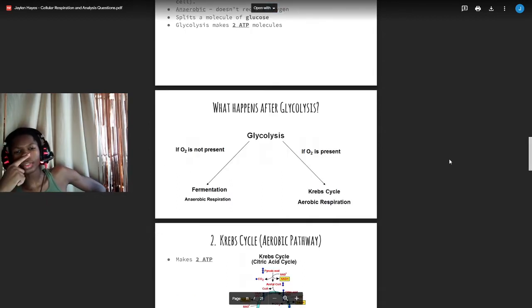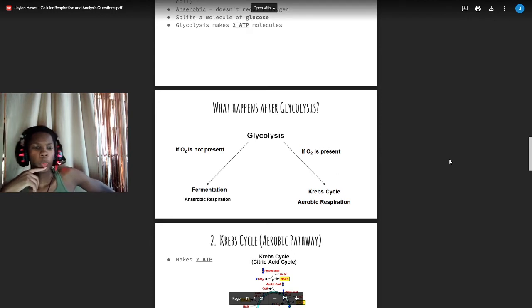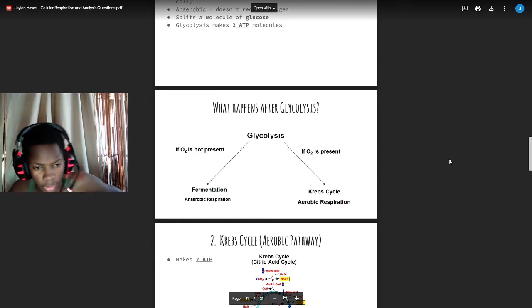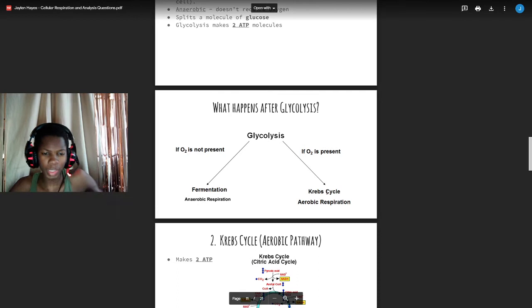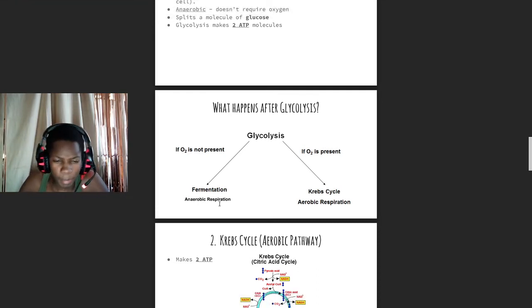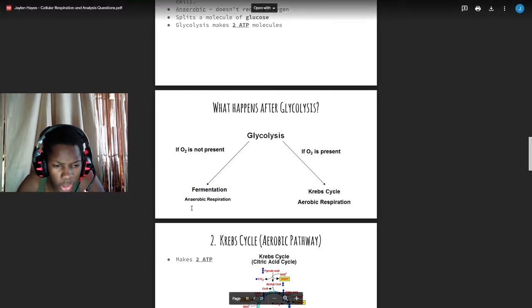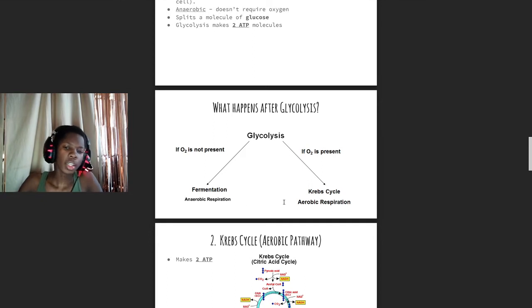What happens after glycolysis? Now, if O2, which is air or oxygen, isn't present, then it goes to fermentation, which is pretty much anaerobic respiration. If O2 is present, then the Krebs cycle takes place, which is aerobic respiration.